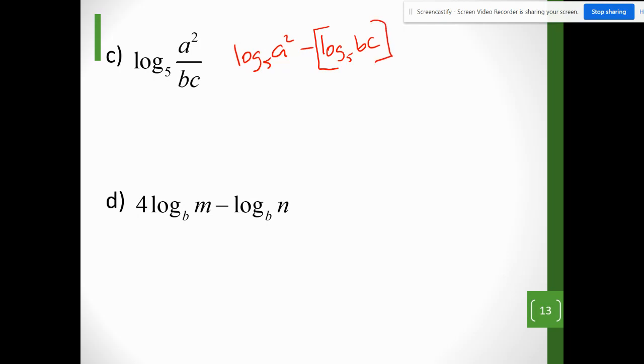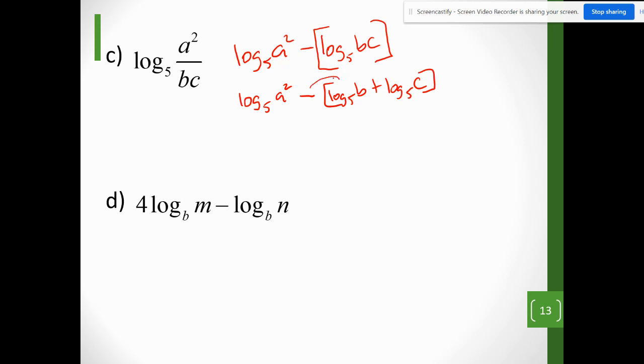I have a multiplication. So for right now, let me just write this as log base 5 of a squared minus, in here, I'm going to write this as log base 5 of b plus log base 5 of c. Right? I split it as plus because it was multiplication. I put it inside the brackets because there's a minus before the log. I want to deal with that minus later. So that's why I put it inside the brackets.